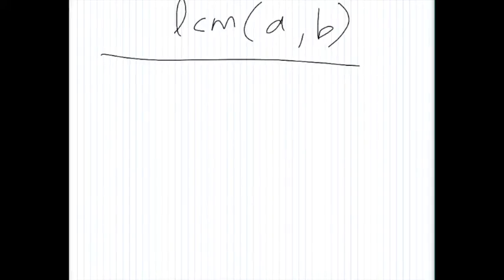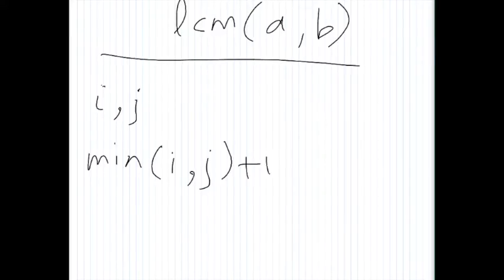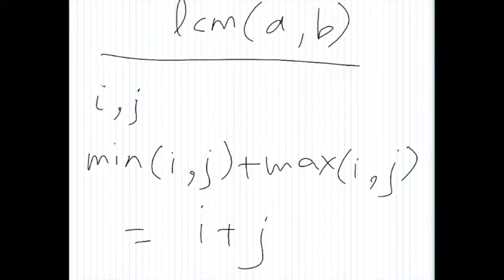Okay, so in order to prove this, first of all I want to start with a very simple observation, not a result but just an observation. If you have two numbers i and j, is the minimum of them plus the maximum of them equal to i plus j? That's the question.